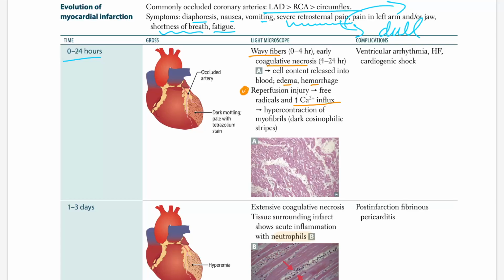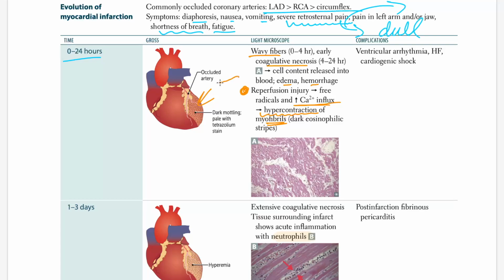Reperfusion injury is there. What is reperfusion injury? Reperfusion leads to free radical formation and an increase in calcium influx, which causes hypercontraction of myofibrils. What is reperfusion injury again? You already had this death of the cell, right?